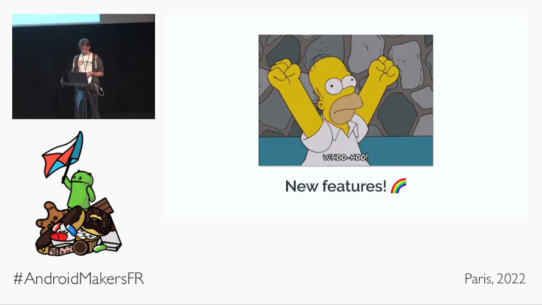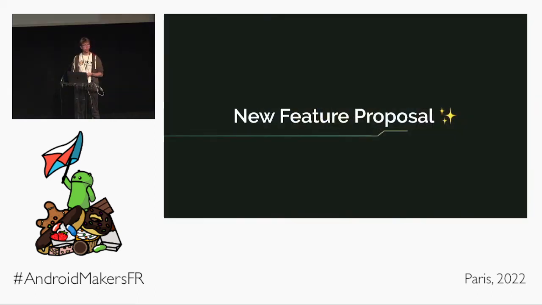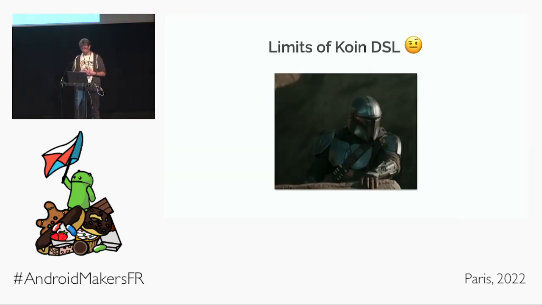Now it's time to share some new features and a new feature proposal I've been working on for a few months. As we've seen, the power of Koin is the DSL, because it helps you quick start super easily in a few minutes and inject everything you want.